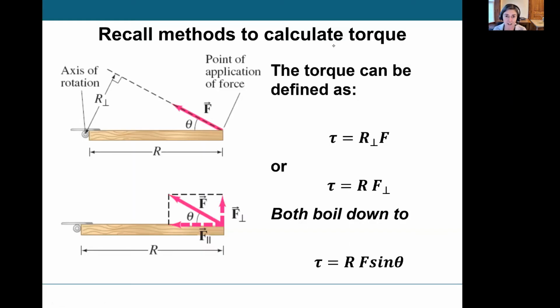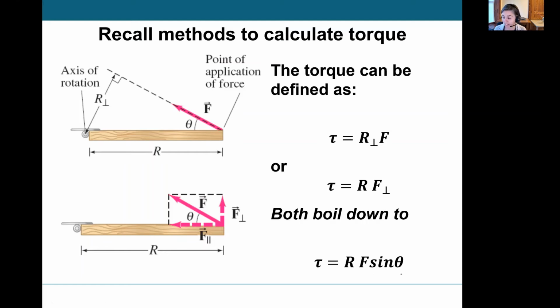So far in this section, we've had all forces that were at 90 degrees to the line between where the force acted and the axis of rotation. But sometimes forces act at funny angles, so you need to remember how to apply these different ways of thinking about torque. You can think of torque as the moment arm times the force, or as R times the perpendicular component of the force.